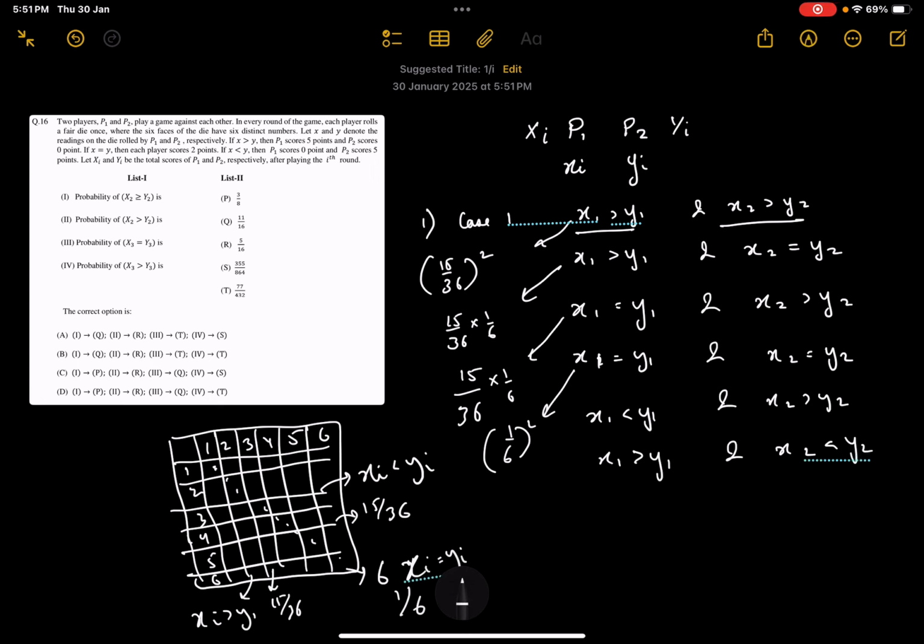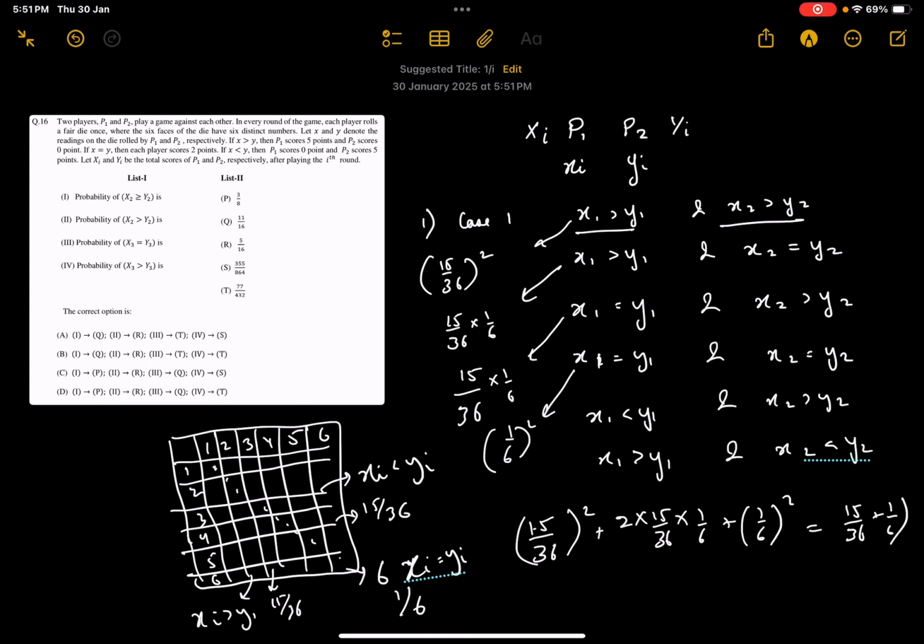So adding all these, we get 15 by 36 squared plus 2 into 15 by 36 into 1 by 6 plus 1 by 6 squared, which is 15 by 36 plus 1 by 6 whole square. 15 by 36 is 5 by 12, plus 1 by 6 gives 7 by 12, which squared is 49 by 144. So this is the probability.